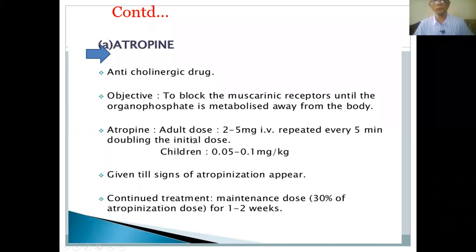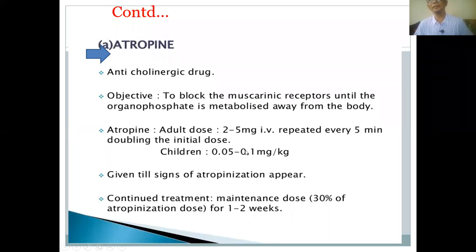What about the dose? The adult dose is 2 to 5 milligrams IV, repeated every 5 minutes, doubling the initial dose if not responding. If there is no sign of atropinization, double the dose of the initial dose. In children, it will be 0.05 to 0.1 milligram per kg, given till signs of atropinization occur.